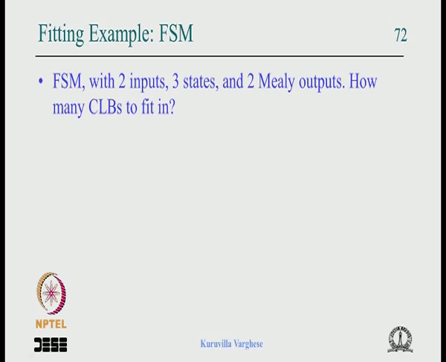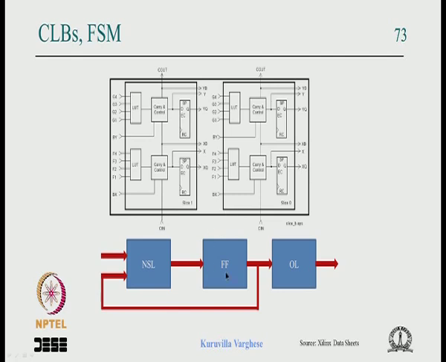So if you look at the finite state machine, you have next-state logic which decodes the present state and the input, okay. So we have to decide how many lookup tables this will require; we need to know how many flip flops are there and how many inputs are there, okay. Similarly you have to determine the number of flip flops required, and you should remember that next-state logic is required for each flip flop.